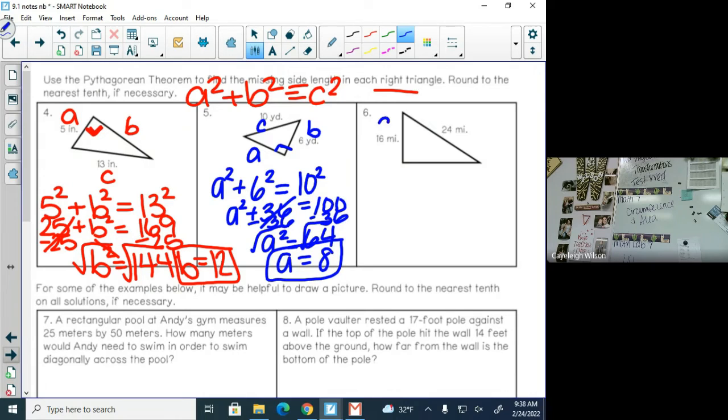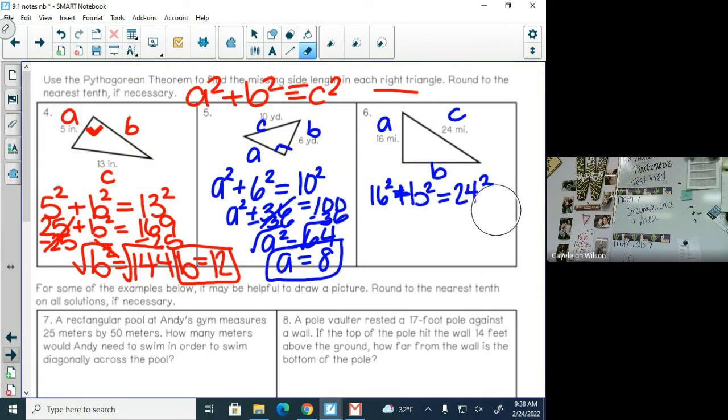Alright, so I put minus the A and the C, and I found the B. So that was 16 squared plus B squared equals 24 squared. Alright, so 24 squared is 576. 16 squared is 256.